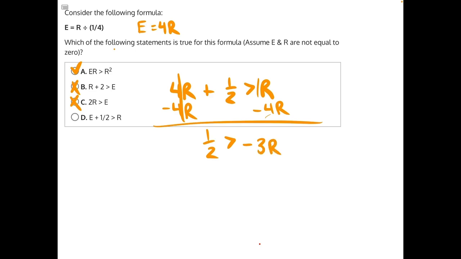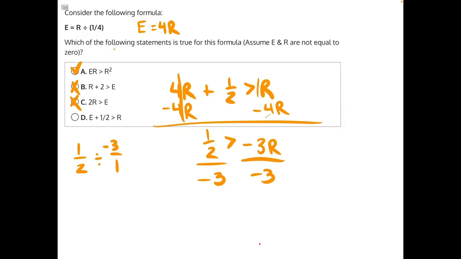Then we would need to divide both sides by negative 3, because that is the opposite of multiplying negative 3 to R. And here we're going to need to do another instance of keep, change, flip, or multiplying by a reciprocal because we are dividing with fractions. So we have 1/2 divided by negative 3/1.